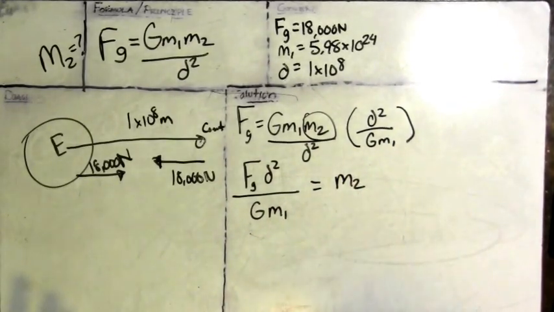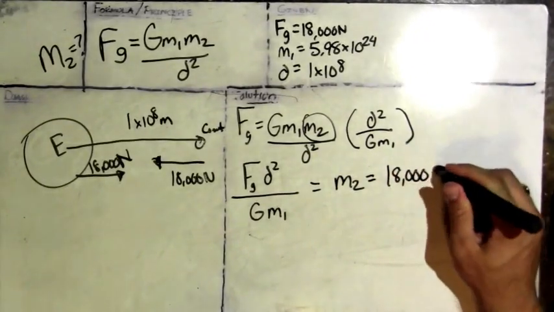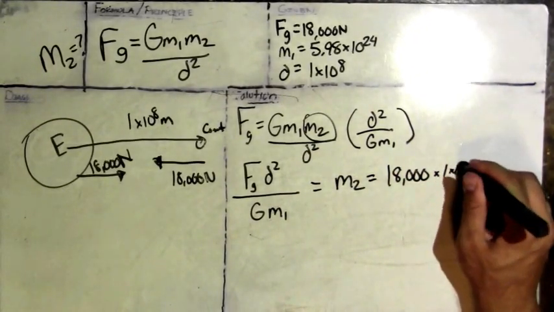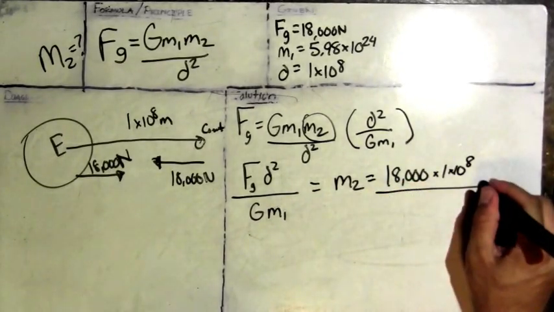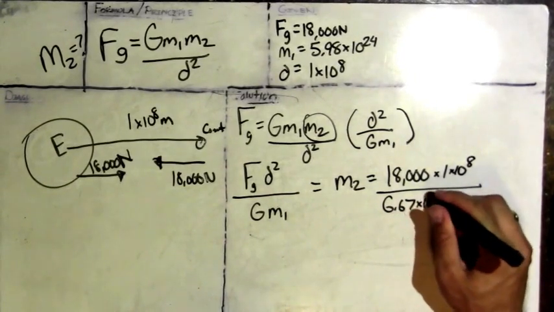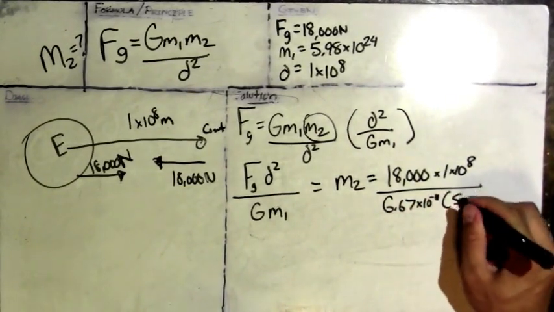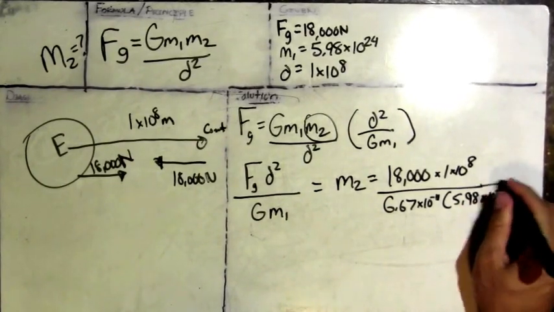So now that I have it in the form that I want, I can say, okay, that equals 18,000 times 1 times 10 to the 8th squared divided by 6.67 times 10 to the minus 11th times 5.98 times 10 to the 24th.